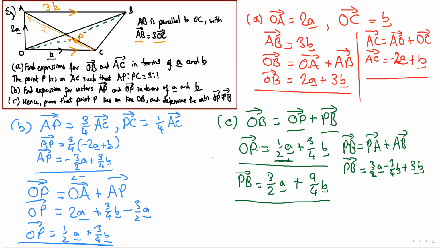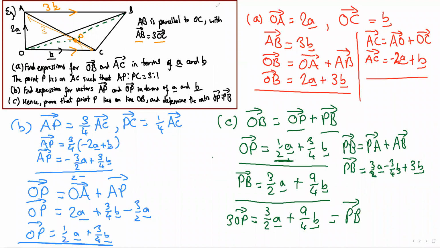Well, we can actually multiply OP by 3, can't we? So 3OP will equal, well, let's multiply that by 3. So we've got the same amount of A's, and now we just need to check if we have the same amount of B's. Well, 3/4 times 3 is 9/4B. So that's the same as PB. And we've shown that OP is a multiple of PB. So these two are parallel, and since they share the point P, then you know that they're collinear.